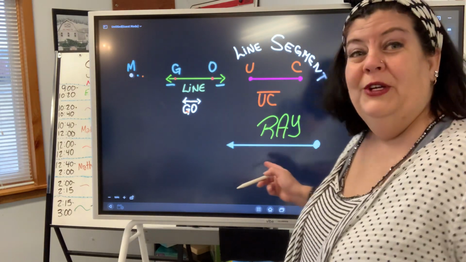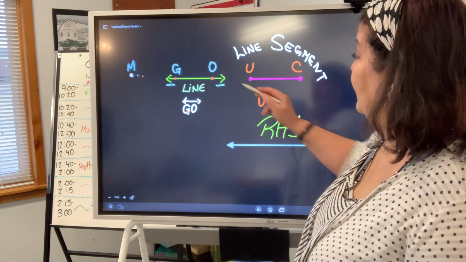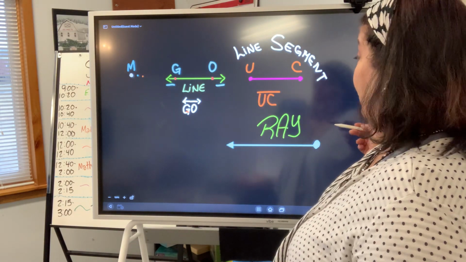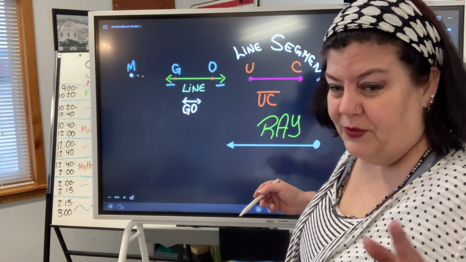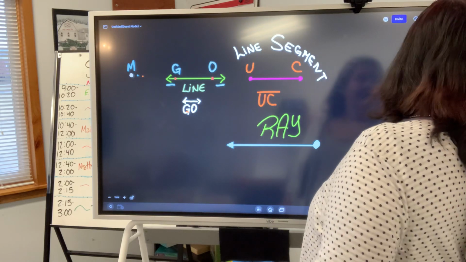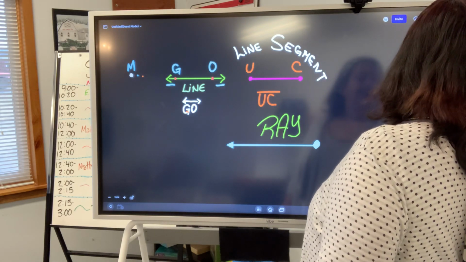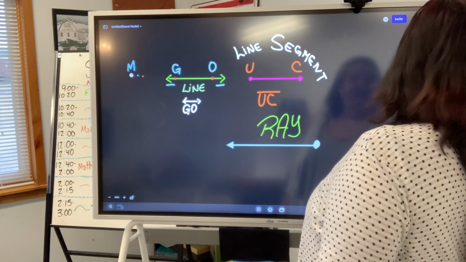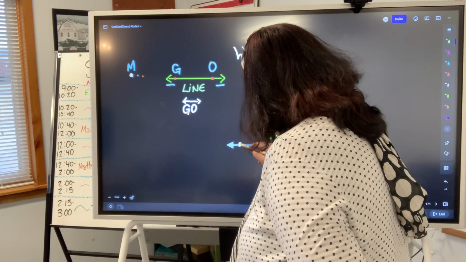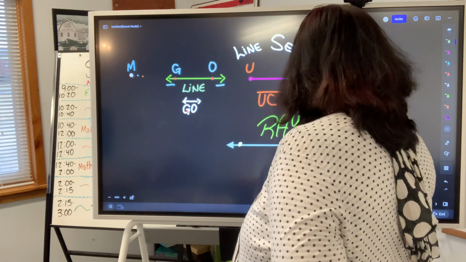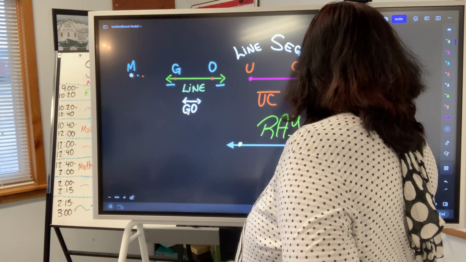And Ray is pretty cool. I think he is because it combines absolutely all of them. So if we want to represent Ray, and let's see, what color can we use here? We put a point here and a point here.